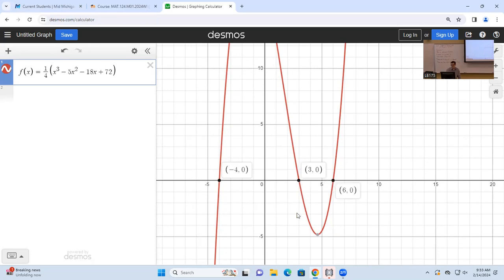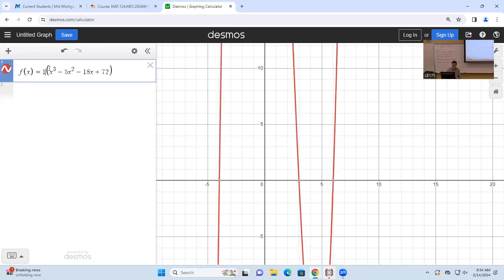And there's 1 at 6. Okay. By the way, this was a cubic. And we ended up with 3 zeros, right? It was a third power.